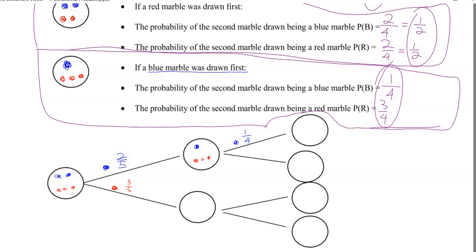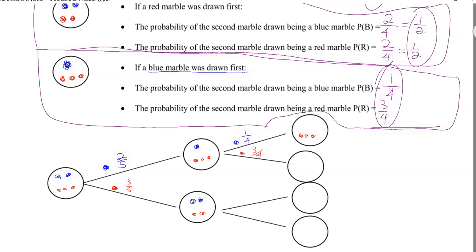And what we will be left with is a bag containing 3 red marbles. If the first marble drawn was red, then we have 2 reds left and 2 blues left. If the second marble is red, that's 3 out of 4.